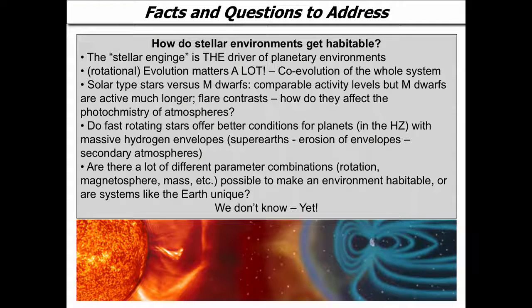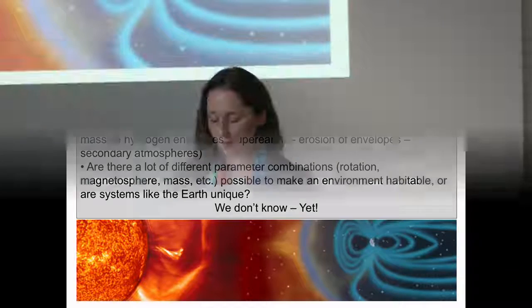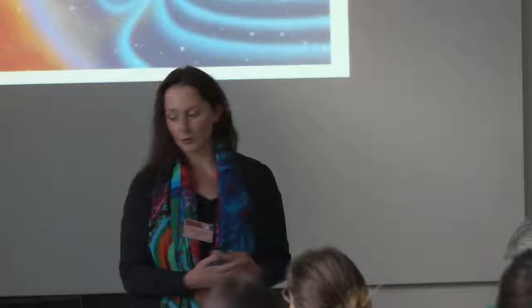It might be important that fast-rotating stars can erode massive hydrogen envelopes more quickly, which might be necessary for super-Earth planets, for example, so that a secondary atmosphere can evolve on the planetary surface. So we just don't know yet if it's necessary to have a fast-rotating star in the beginning, an intermediate, or a slow rotator in the end.